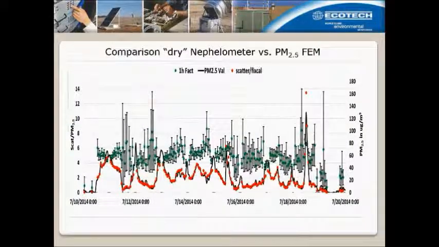When you measure with that nephelometer in the dry mode, as I explained before, you can compare that with, for instance, an FEM beta monitor, which I did here.